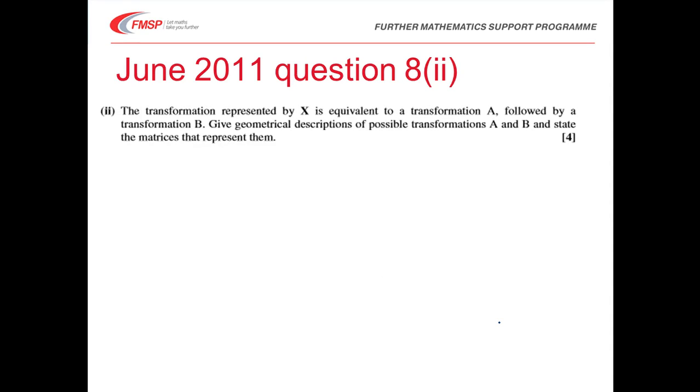So if we move on to part 2, the transformation X is equivalent to A followed by B. So when we're doing this question, that means we'll write down X is equal to BA. And looking at the matrix, if you remember, we were told that the matrix X was 0, 3, 3, 0.